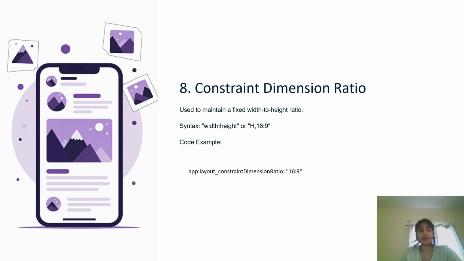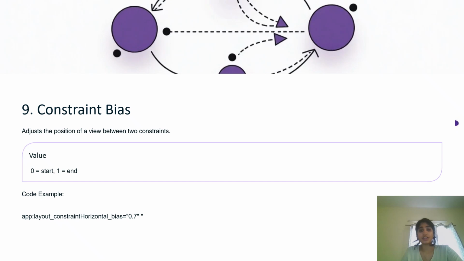It ensures that when one dimension changes, the other adjusts automatically to preserve the ratio. Constraint bias adjusts the position of a view between the two constraints. Value 0 is equal to start, 1 is equal to end.